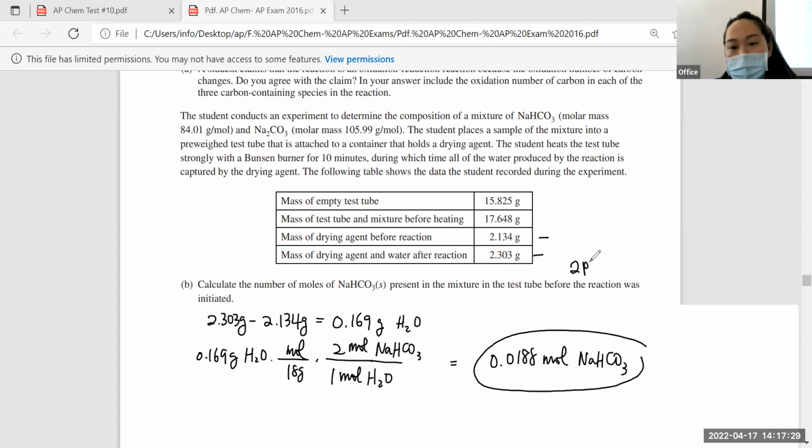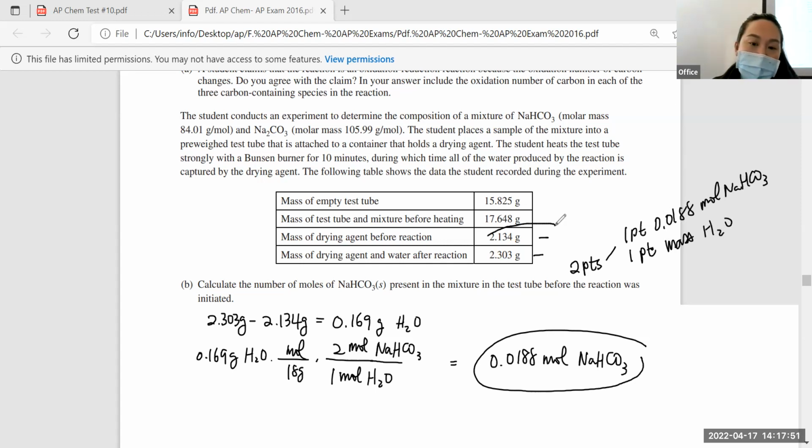So this is 2 points: 1 point for 0.0188 moles of sodium bicarbonate, and 1 point for finding the mass of water using these values. So this first part is 1 point, and then your answer is 1 point.